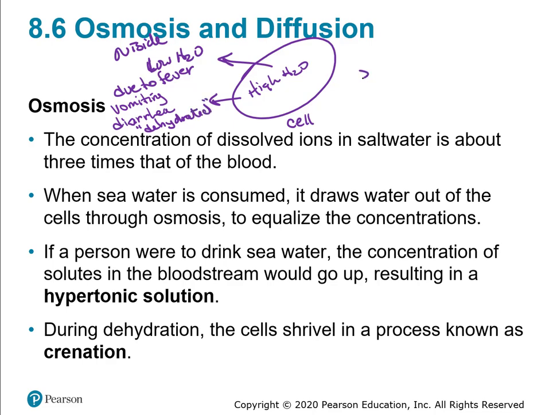So the cell can actually begin to shrink. They call that crenation. Because there's not much water in the fluid outside of the cell, the water level's low, which means the salts are high. So this is a hypertonic condition because it's a higher solute because of that loss of water.